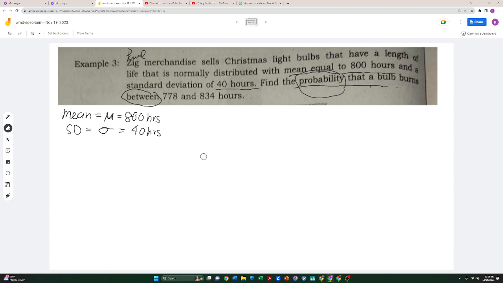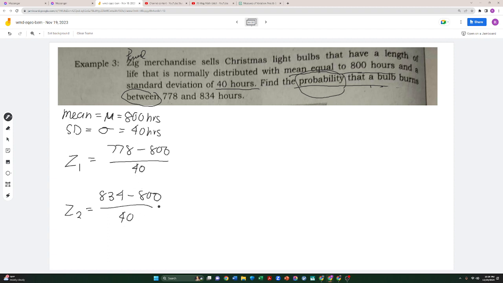So right now, what we are looking for is the probability, so we use two z values, z1 and z2. For z1, 778 minus the mean, which is 800, divided by 40, which is our standard deviation.